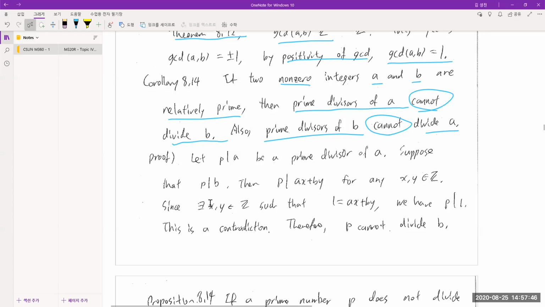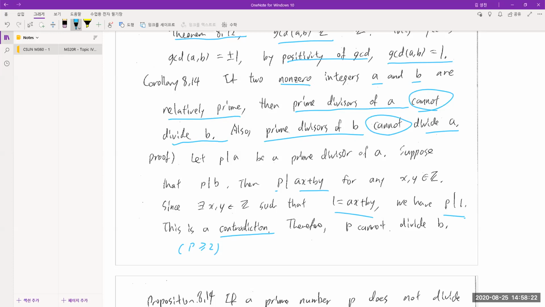And since there are X and Y such that 1 equals AX plus BY, by the assumption of relatively prime, we must have P divides 1. A prime number P that divides 1. This is a contradiction because prime number P is at least 2. Prime number is at least 2, so you cannot divide 1.